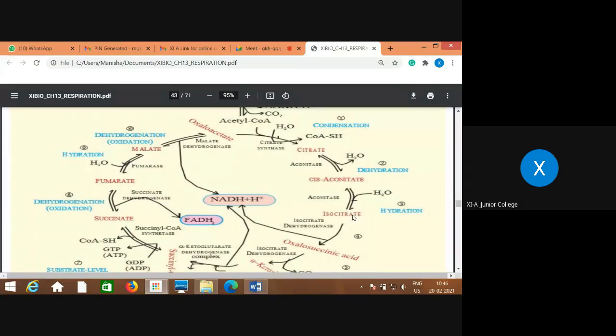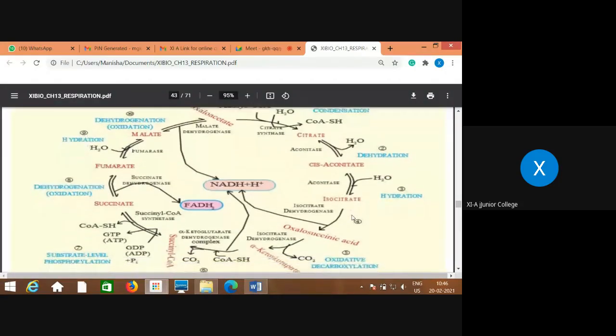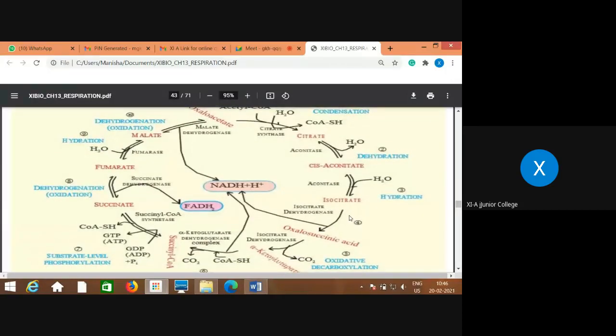Now what happens here, in presence of dehydrogenase enzyme? Always remember, dehydrogenase, hydrogen atom is removed, which is accepted by NAD to form NADH2. So this is the 4th step where the dehydrogenase enzyme works, and this is the step where the first NADH2 is produced, to form oxalosuccinic acid.